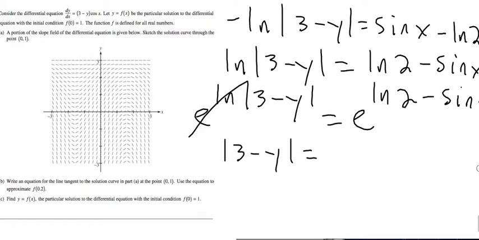And then on the right side, just like we can use plus to create some multiplication, we can use minus to create some division. So this is e to the natural log 2, which is going to be 2, divided by e to the sine x.